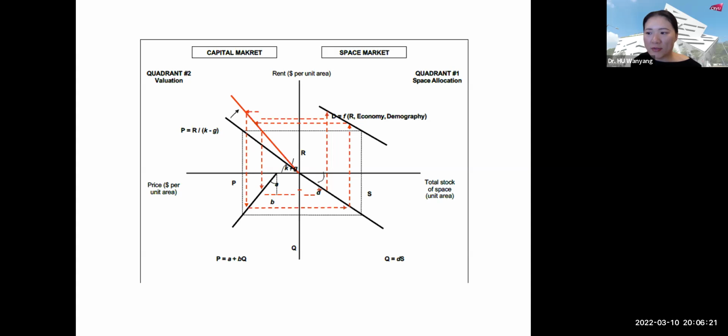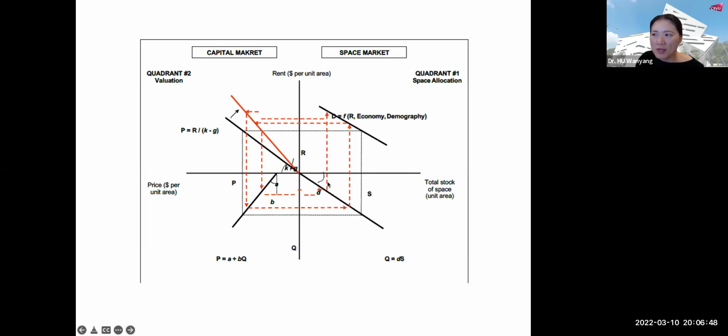Because the price got lower, we are going to have a lower supply, a lower level of new construction to the market, and as a result, the housing's total stock will be lower as well.